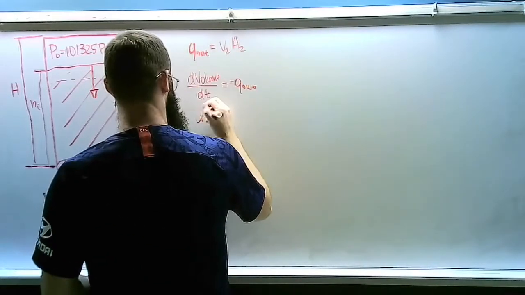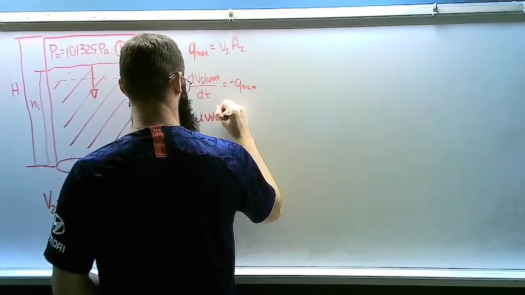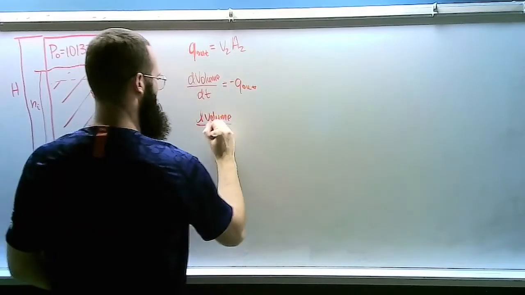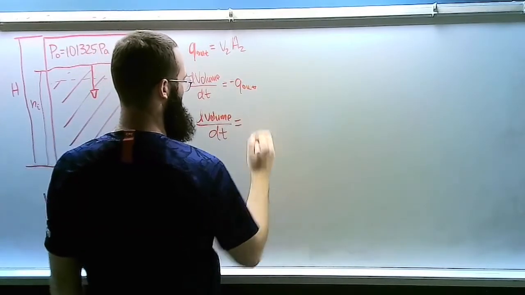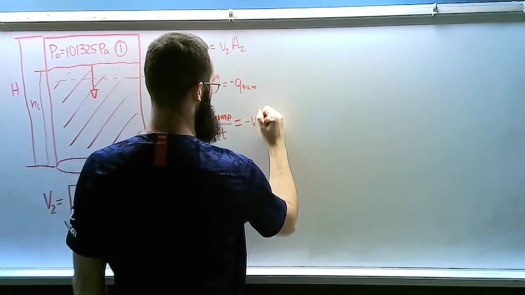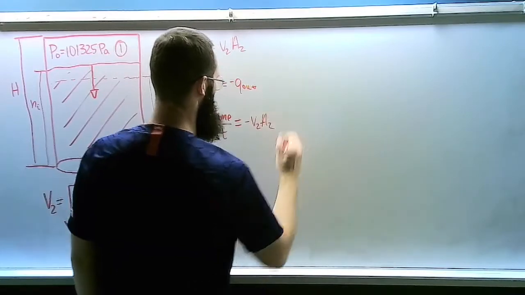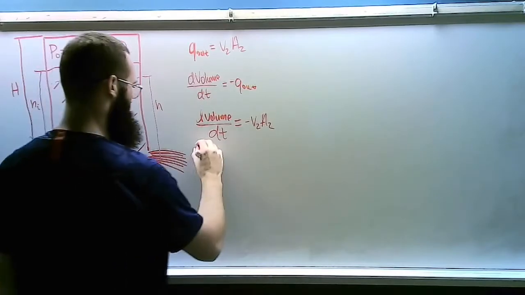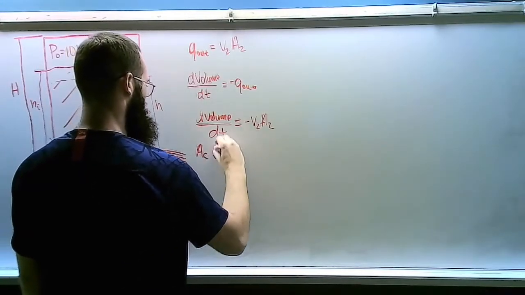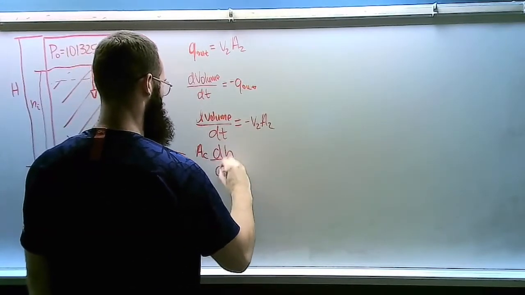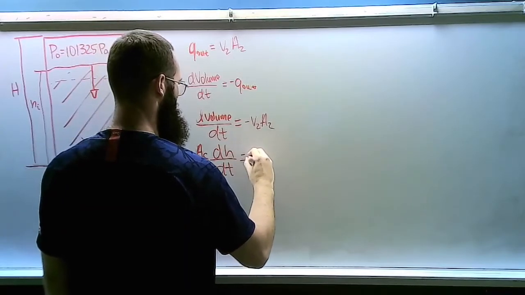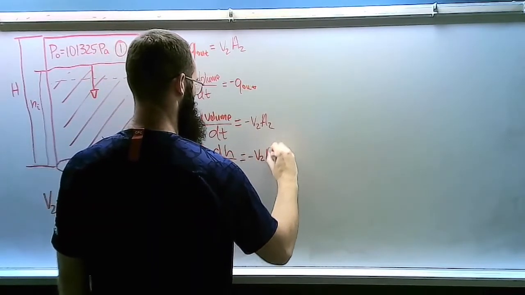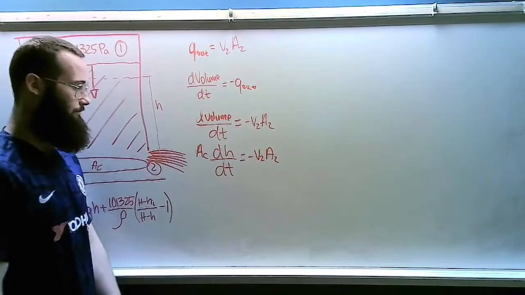So we have d volume over dt is going to be equal to negative V2 A2. And we can change this d volume to be the cross-sectional area times the differential height over dt is equal to negative V2 A2.